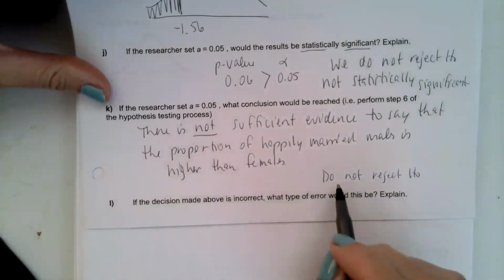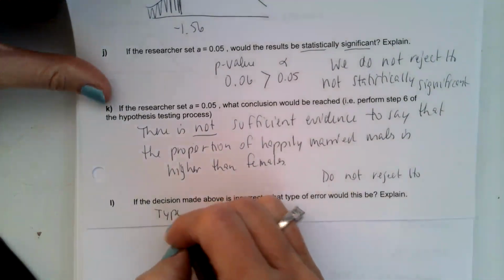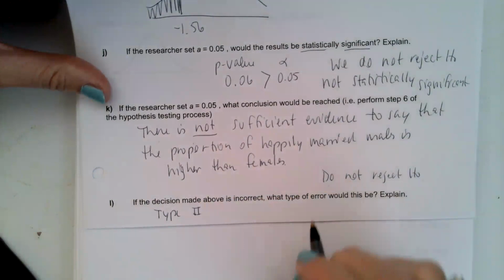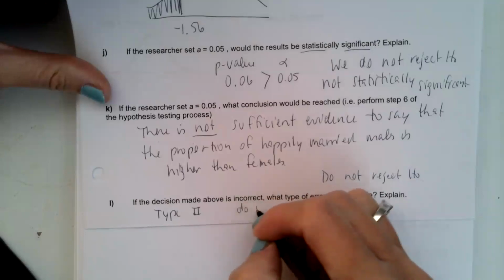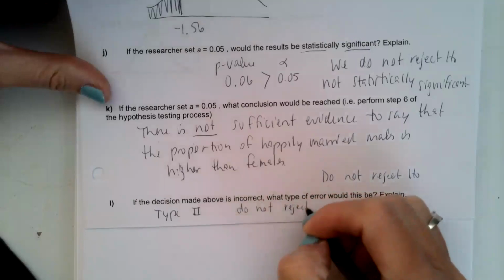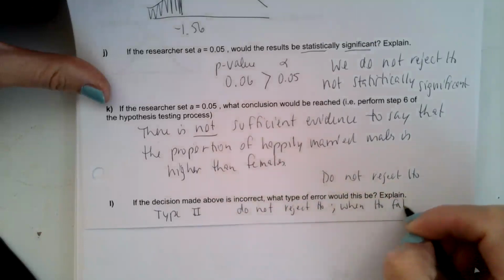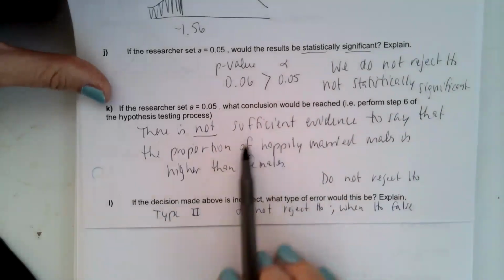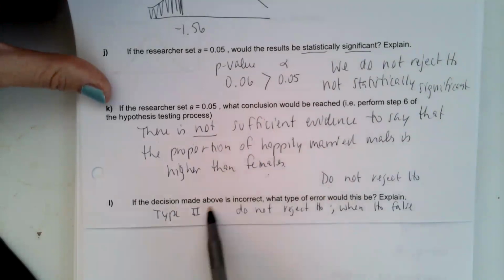So the only error that could be made when you do not reject H0 would be a type 2 error, because that is do not reject H0 when H0 is false. So that means we said there's not enough evidence to say married males are happier than females, but it could be a type 2 error that really they are happier than married females.